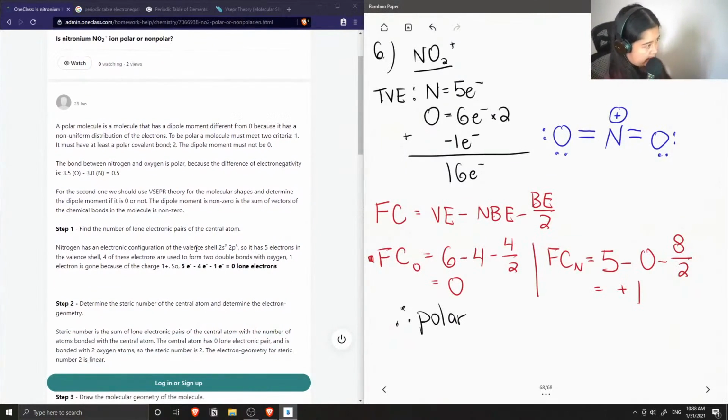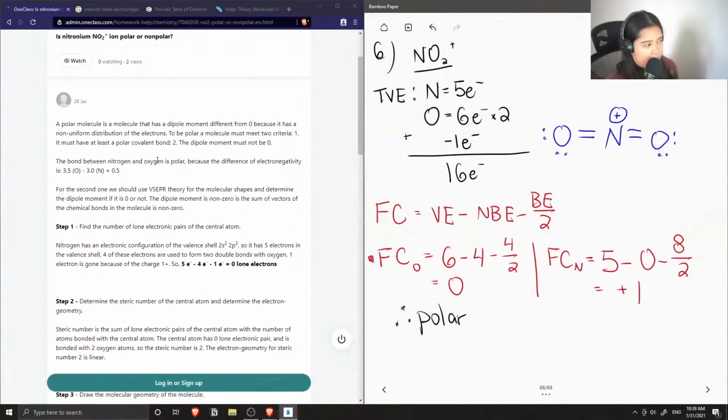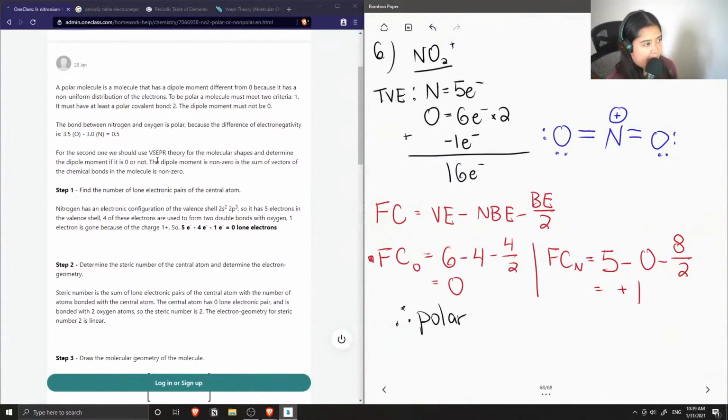Okay, so let's see what the junior tutor said. A polar molecule is a molecule that has a dipole moment different from 0 because it has a non-uniform distribution of electrons.